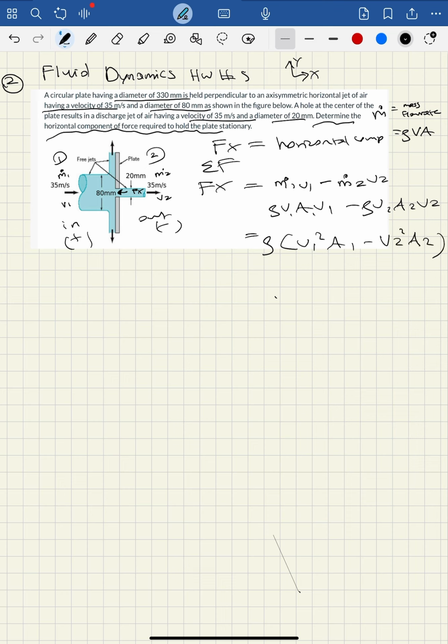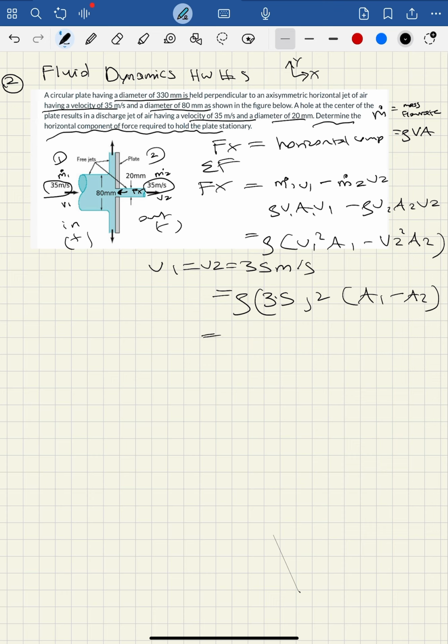So in this particular case, we also notice that our velocities are equal to each other, so 35 meters per second. So really, v1 equals v2, which is the 35 meters per second. So we can also take that out. And let's go ahead and do that first before I get into something else. So 35, let's square that. So we're just left with a1 minus a2 on the inside of that.